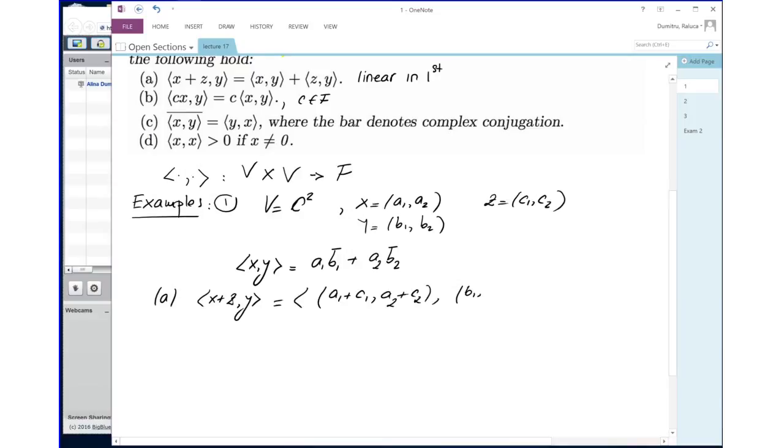And y is B1, B2. Okay, so I take the first entry of the first vector times the complex conjugate of the first entry of the second vector. So A1 plus C1 times B1 bar plus A2 plus C2 times B2 bar. But this I can split like this.